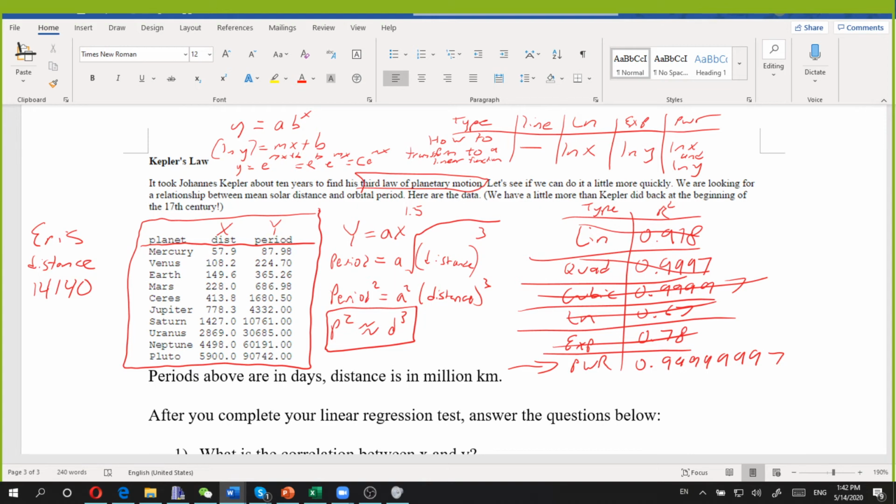Why is it not okay to use our power regression model for Eris? Not that the y will be too large.